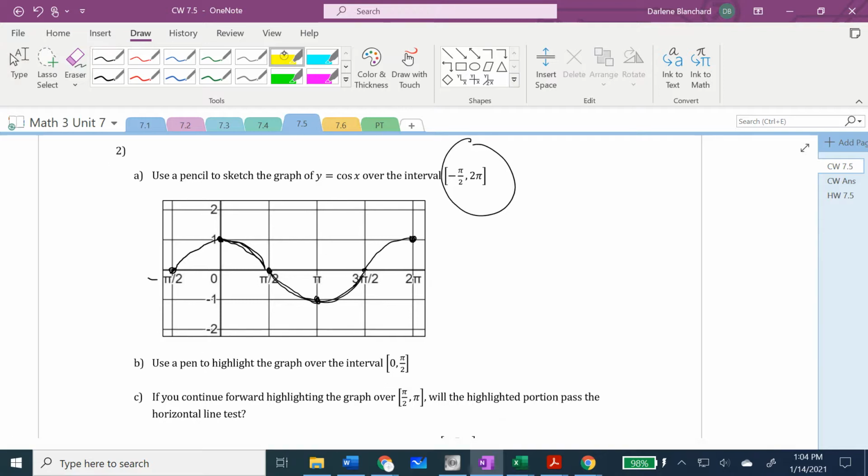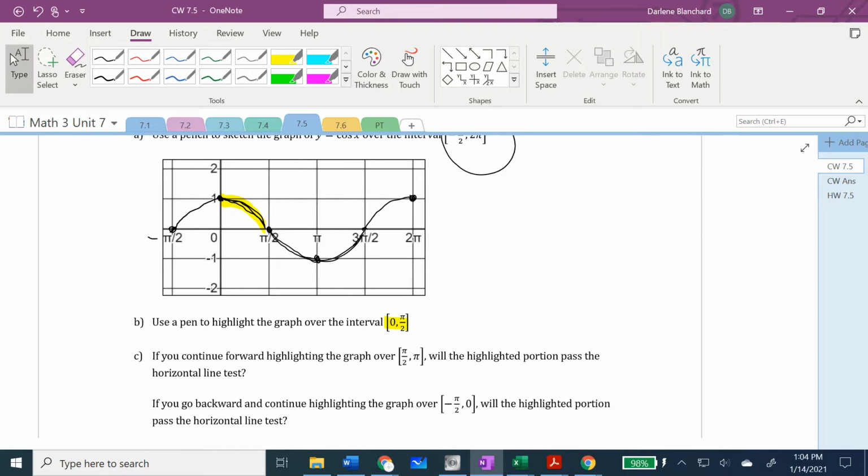Like the previous problem, I want you to highlight the section from 0 to π/2 and know that that section of the graph is used for the inverse cosine function. Then the question is, if I continue highlighting forward and I highlight the π/2 to pi, will I get a function that passes the horizontal line test?